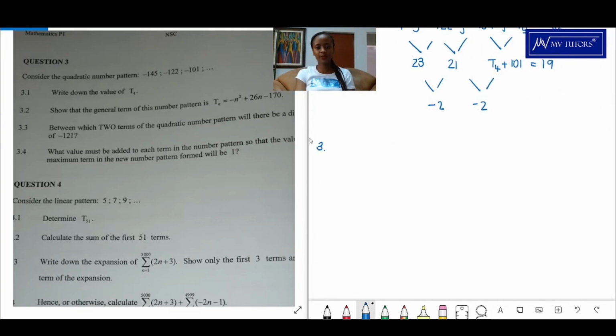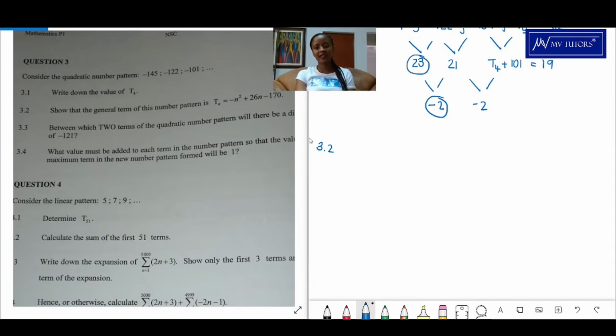So 3.2, it says show that the general term of this number pattern is Tn is equal to -n squared plus 26n minus 170. Okay, so basically I'm going to use the values here at the edges.